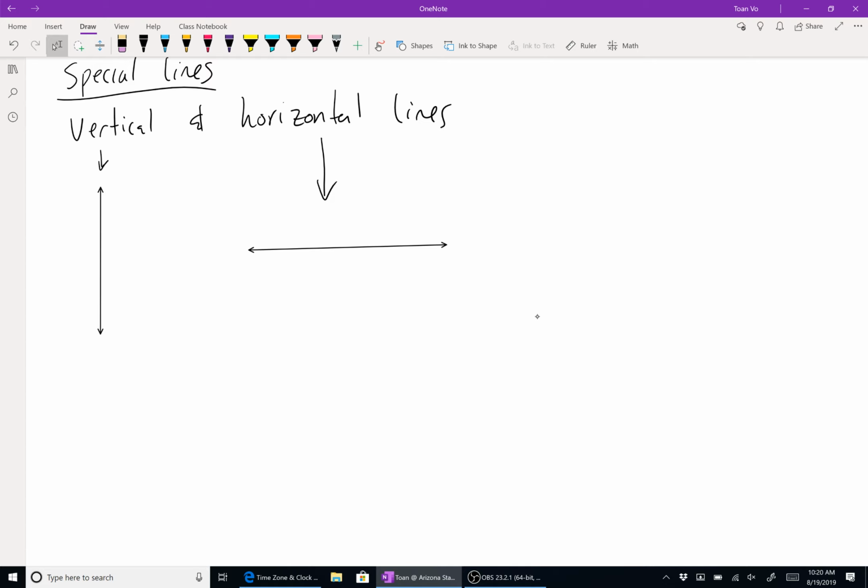All equations of lines will have 2 variables, y's and x's: y equals mx plus b. It is very easy to identify special lines because these lines only have 1 letter. Vertical lines are always x equals a number, so they only have x's in them. Horizontal lines are always y equals a number.